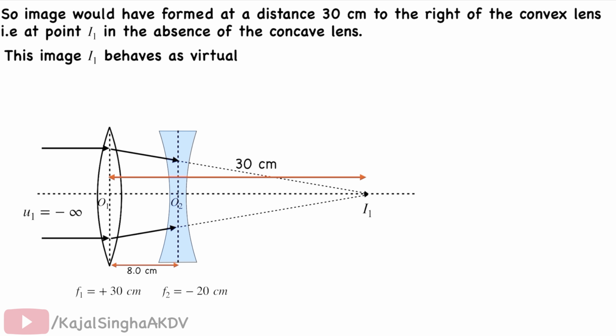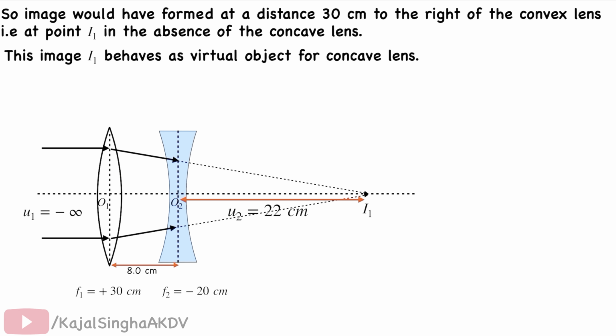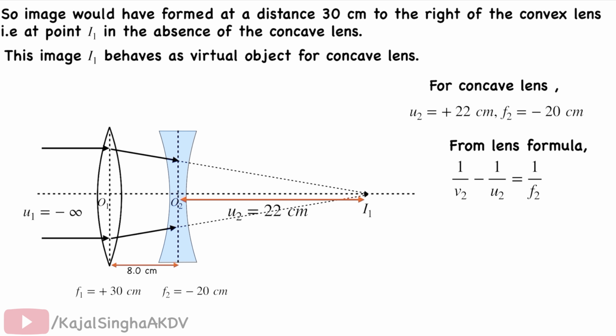This image I1 behaves as a virtual object for the concave lens. So for concave lens, object distance u2 equals plus 22 centimeter and f2 equals minus 20 centimeter. So from lens formula, if we put these values, we get v2 equals minus 220 centimeter.